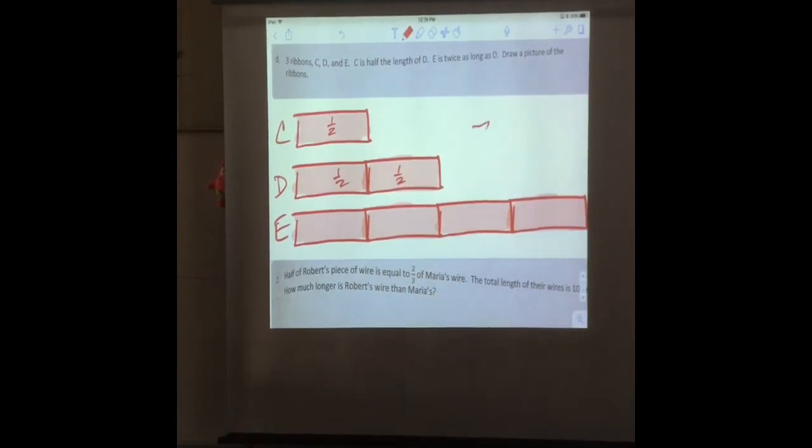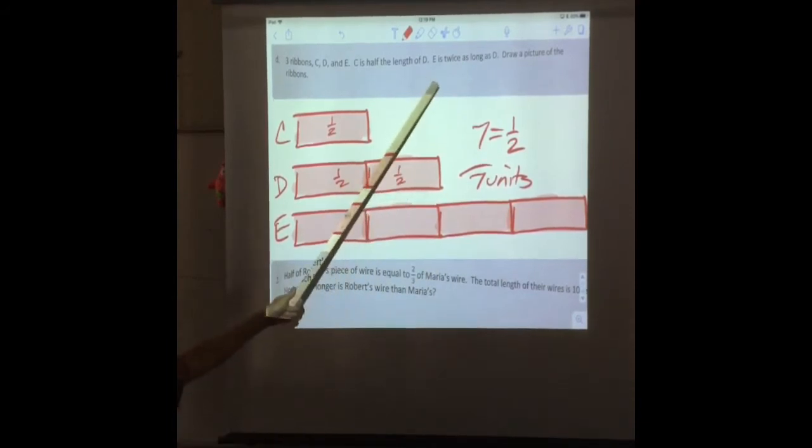We have 7 halves, if we called that half, right? Or we could say that we have 7 units. Does that make sense? So that's just a little way of drawing this out. Okay, let's go on to our next problem.